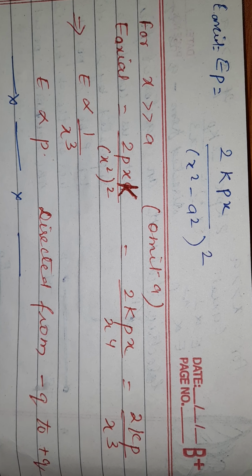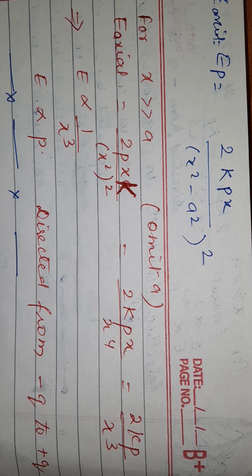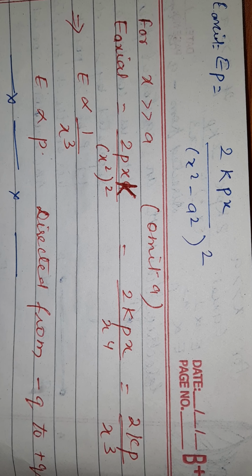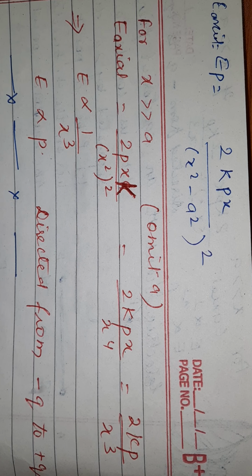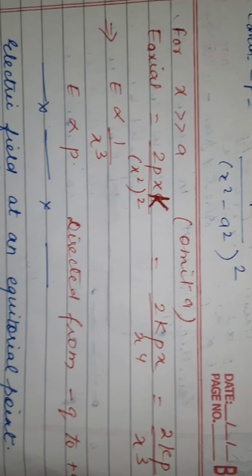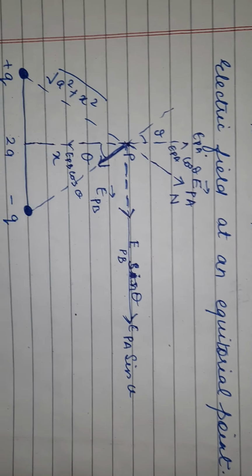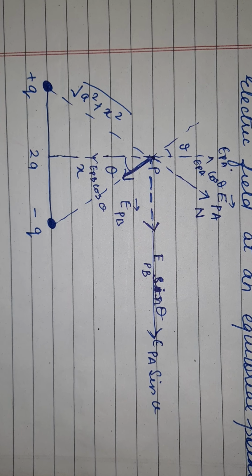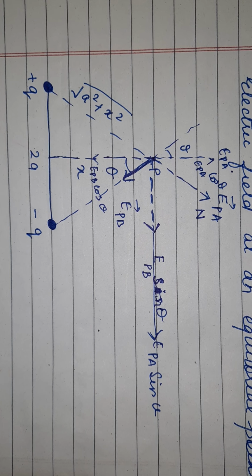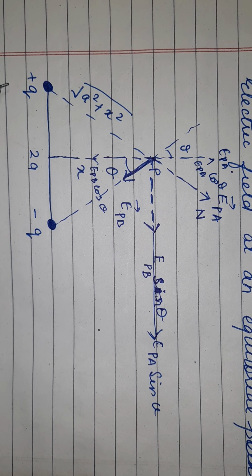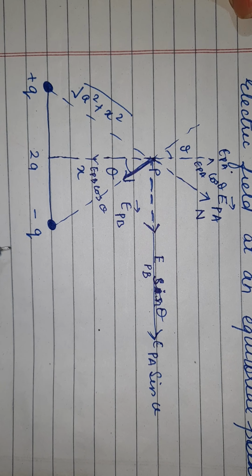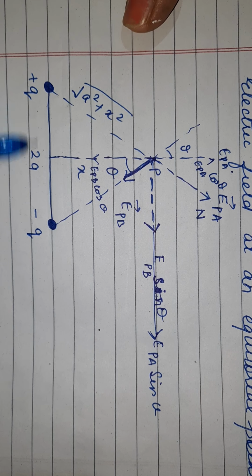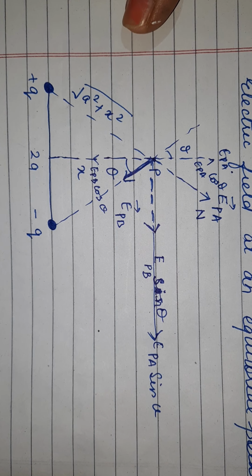Okay, next we will study electric field at an equatorial point. For this, let us see this diagram. Here you can see that there is a dipole with two charges, plus q and minus q, separated by a distance 2a.